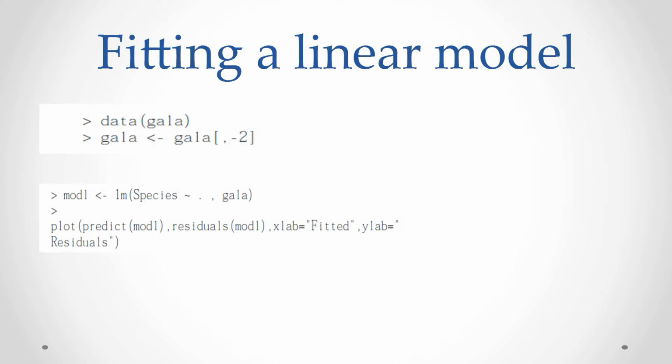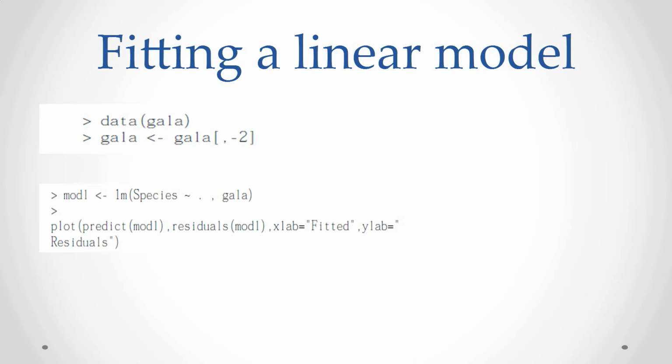So here we are fitting a linear model again to the data. We are going to look at some of the diagnostics. The variable endemic is not of interest to us, so we begin by calling data gala and by dropping the second column of the gala data set.